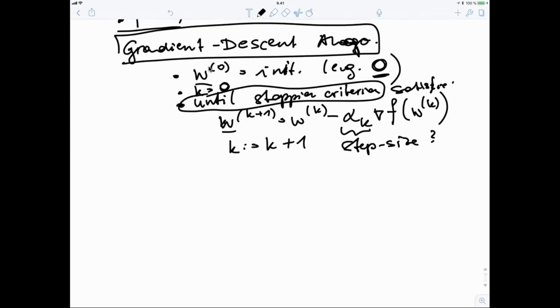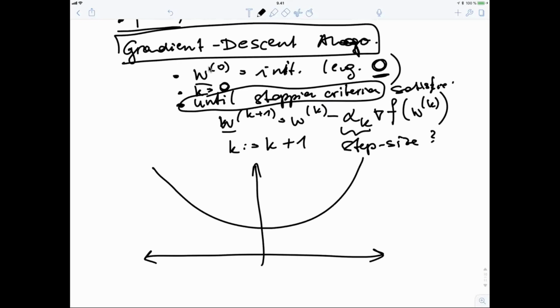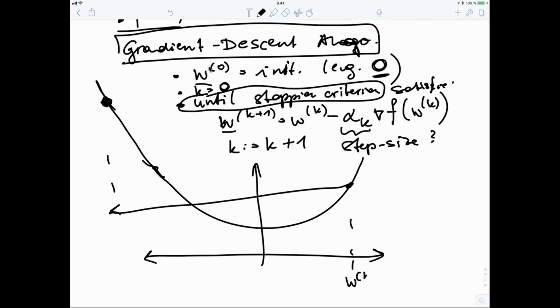So for the step size, we need to consider two aspects at least. The step size should not be too large, because if the step size were too large, we could end up with a new weight vector whose empirical risk or function value would be larger than the previous iterate. So if we have WK, here F, the function value, could be a training error of WK or of the hypothesis that is obtained for the parameter WK.